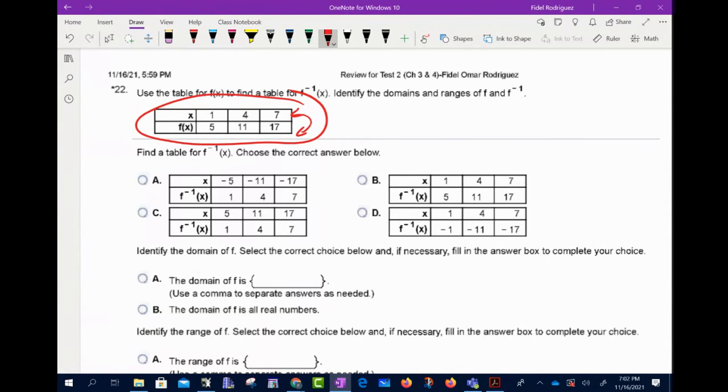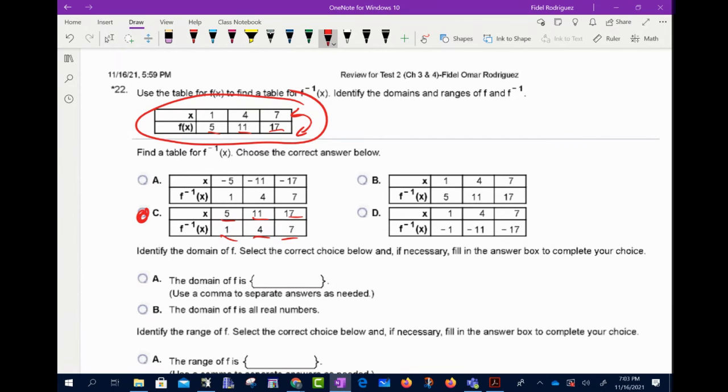So if I look at that, wouldn't it be choice C? Because all we've really done is flip these. So instead of 5, 11, 17 coming first, those are now going to be my first ones. 1, 4, and 7 will be my answers.